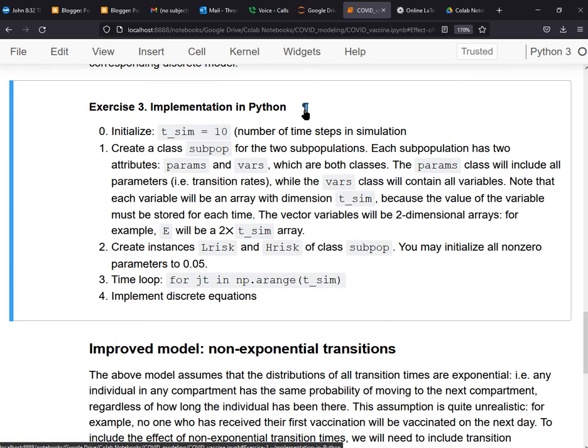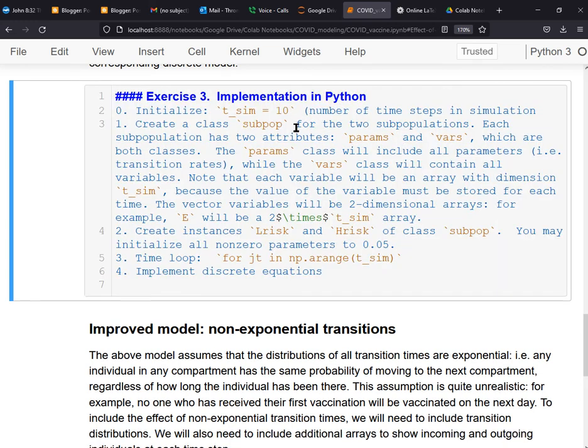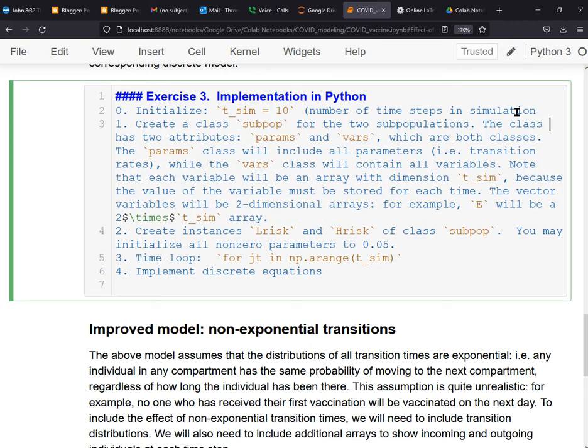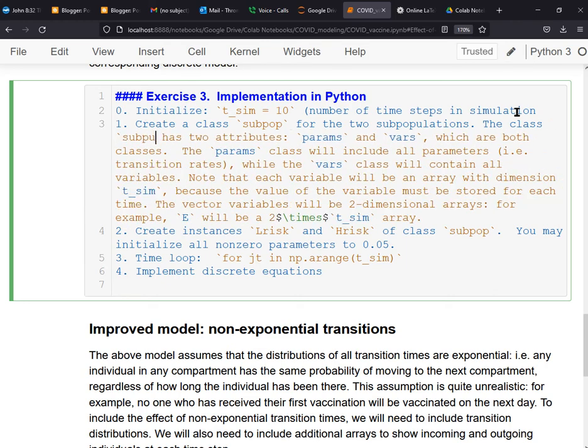Now, you'll be creating classes. It's natural to create a separate class for each of the 2 subpopulations. Instead of saying each subpopulation, we'll say the class subpop.